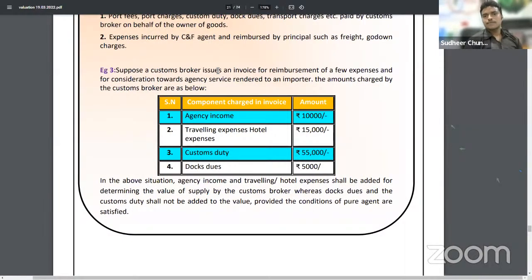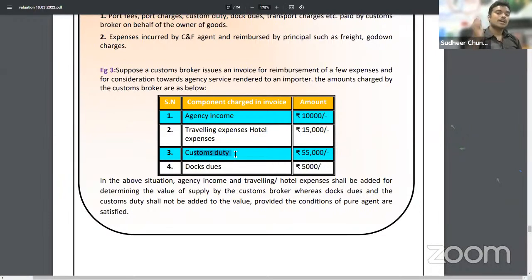suppose a customs broker issues an invoice for reimbursement of some expenses along with a consideration towards agency services. Here if you see, agency income, traveling expenses, customs duty, dock dues. Sir, in traveling expenses, whose name will it be, the agent's name or the importer's name? Agent's name only. So we need to include this in the value of supply. Agency income we need to include.